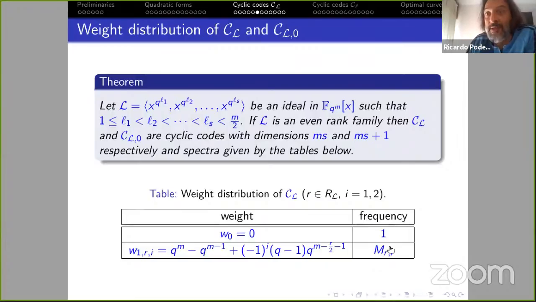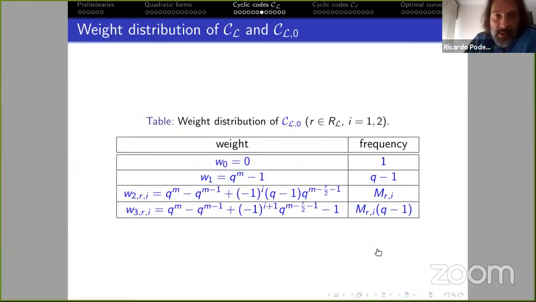But I do not know in general how many ranks there are, which is this number. It's difficult in general to give this number explicitly. For the second code, C_L0, we have this distribution of weights, the weight and the frequency.